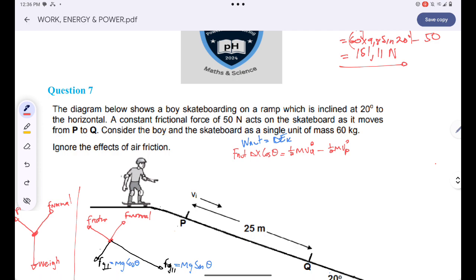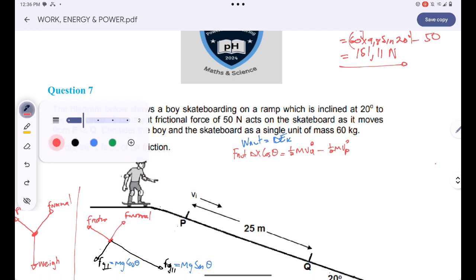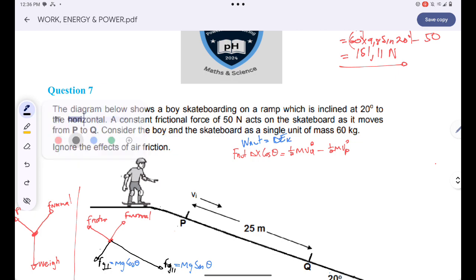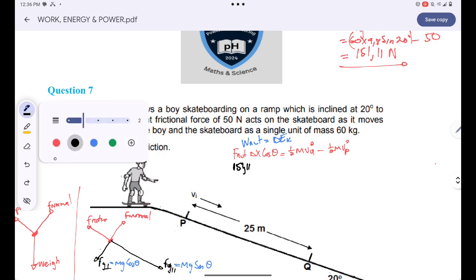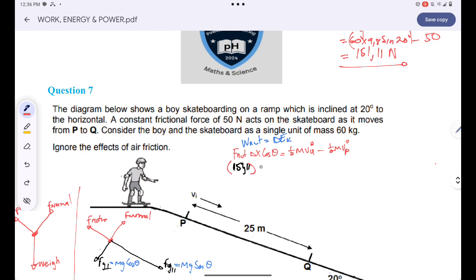Then for me to find the velocity, I just need to substitute my values. F net, I know that's 151.11 multiplied by 25 cos of 0. All right, together. F net, guys, is in the direction of motion, so it's cos of 0.